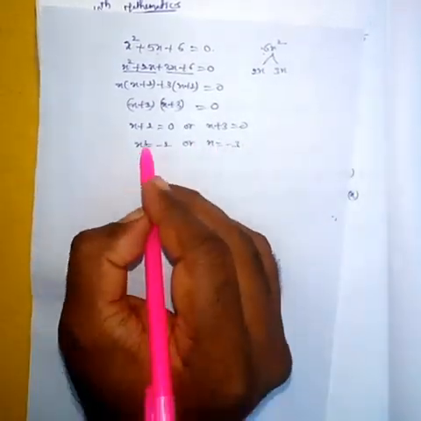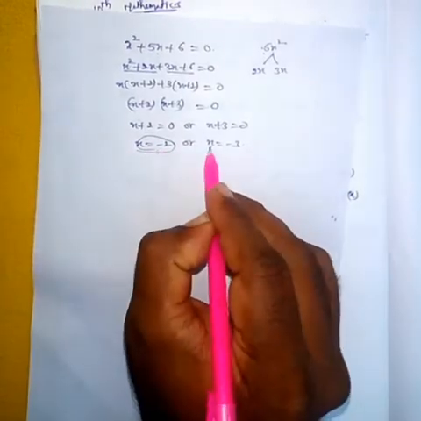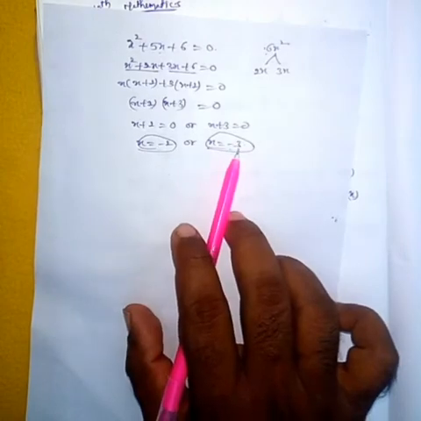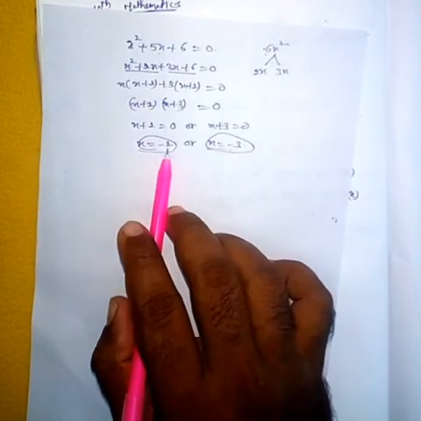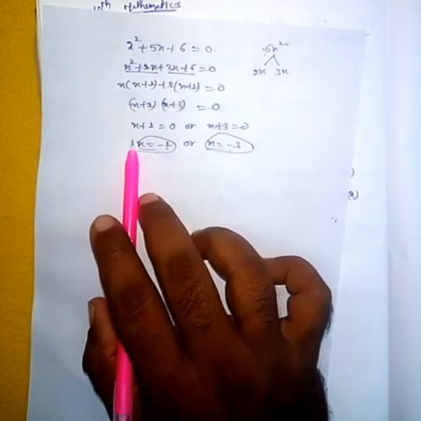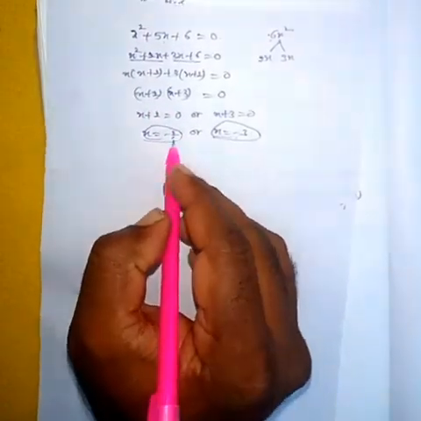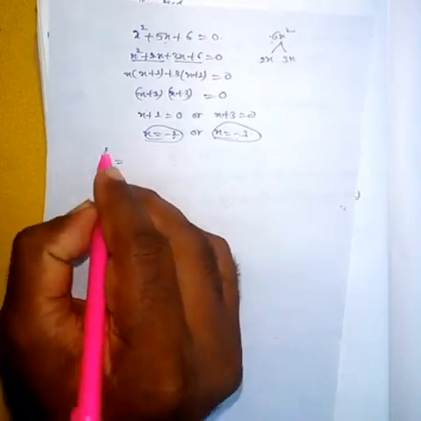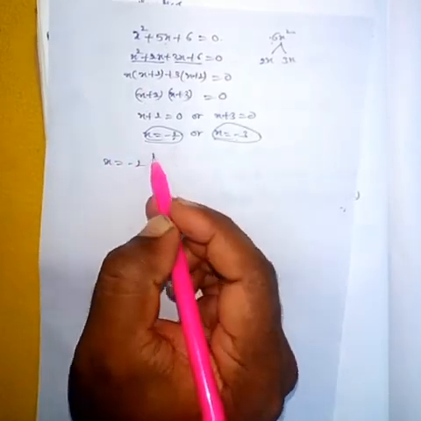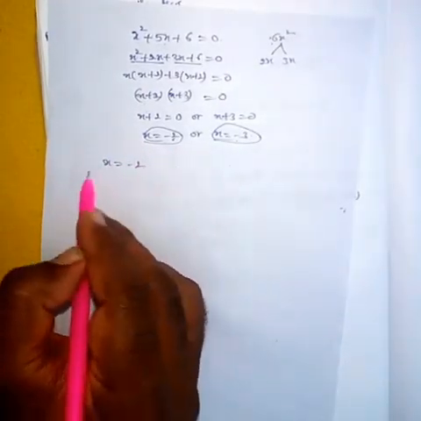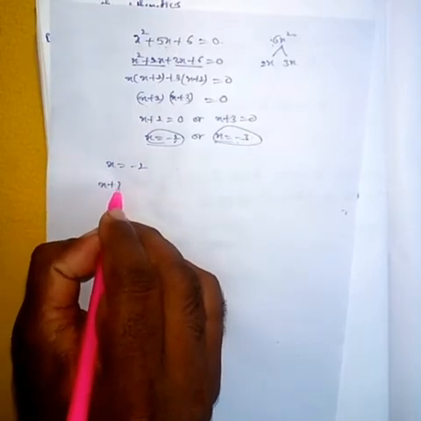Okay children, here the zeros are minus 2 and minus 3. So from these zeros you can get the factors. Let me take x equal to minus 2. If you transpose this, you get x plus 2 equal to 0.